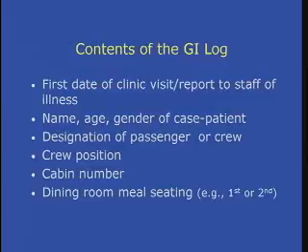Generally, this is usually recorded as either the first or the second seating. In some instances, your ship may not have assigned seating for meals, and therefore this element could be excluded.